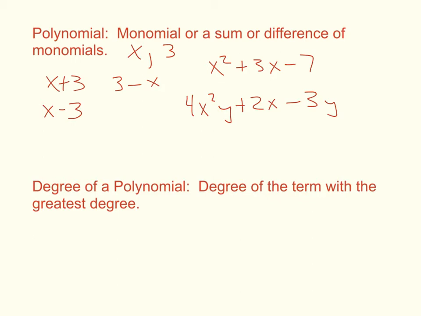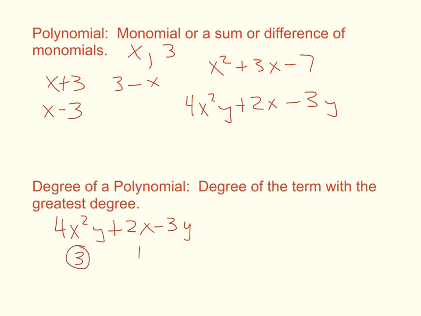Now, the degree of the polynomial is the degree of the term with the greatest degree. So let's look at that 4x squared y plus 2x minus 3y. Well, let's look at the degree of the first one. We've got an x squared and a y to the first. Add the exponents, we get a 3.